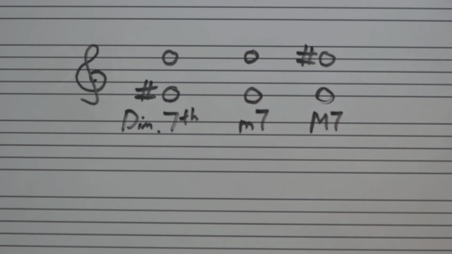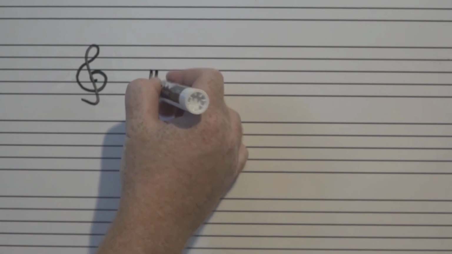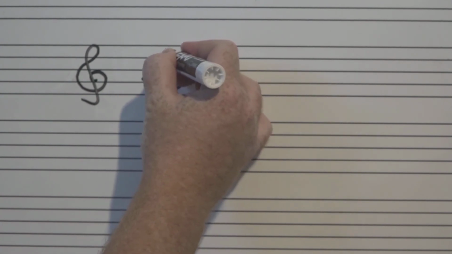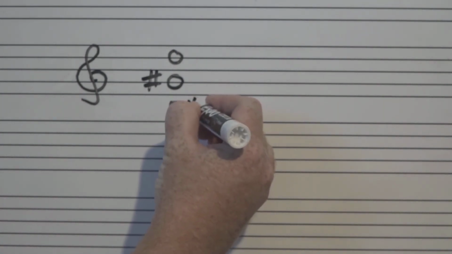And let's do one more on a perfect interval. Let's do G sharp up to D. Notice it's some kind of G up to some kind of D, so you know this is going to be a fifth.